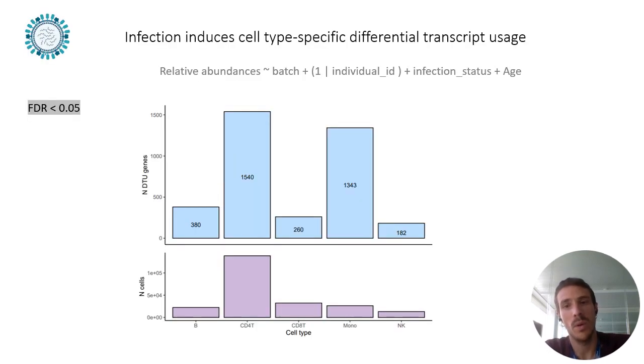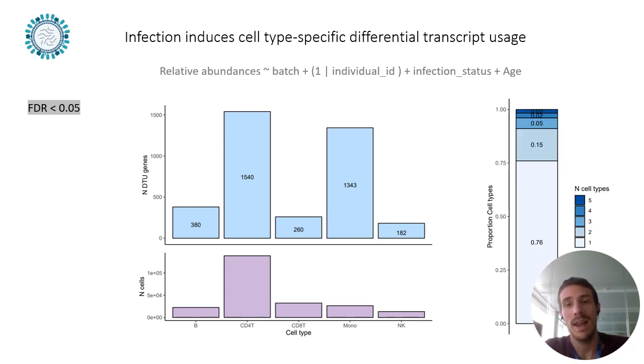And indeed, when we model relative abundances as a function of infection, what we observe is that the leading cell type in number of DTU genes is CD4 T cells, and this can be explained by the higher number of cells of this cell type, which also causes the number of detected isoforms, and hence the number of genes tested in this test, to be larger, and this is the reason why we are seeing a higher number of DTU genes. But immediately after, the other leading cell types are monocytes, which is expected, as we were saying, attending to the previous literature.